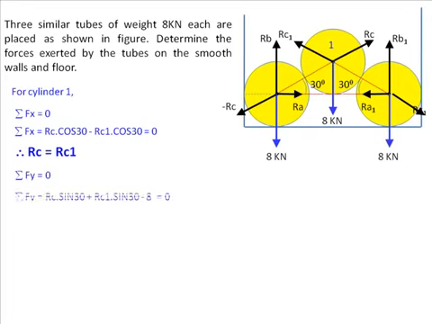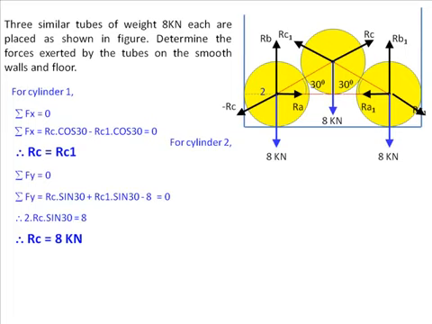Then sigma Fy equal to 0: RC sin 30 plus RC1 sin 30 minus 8 is 0. But RC is equal to RC1, so 2 RC sin 30 is 8, and therefore RC is 8. So cylinder 1 gives me this information.